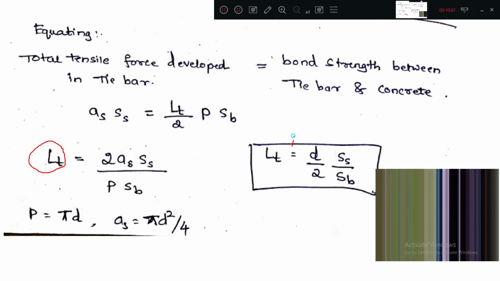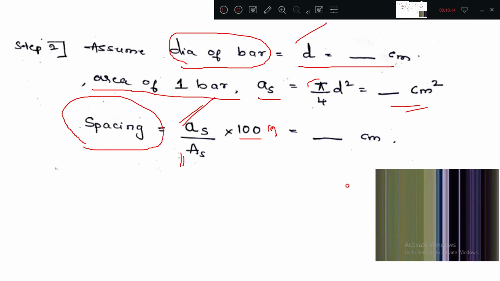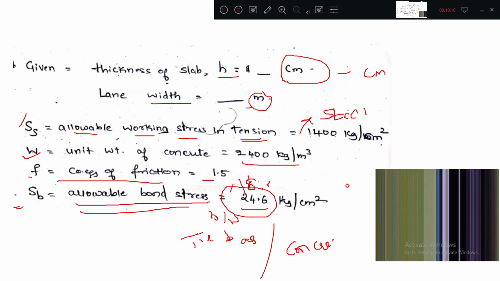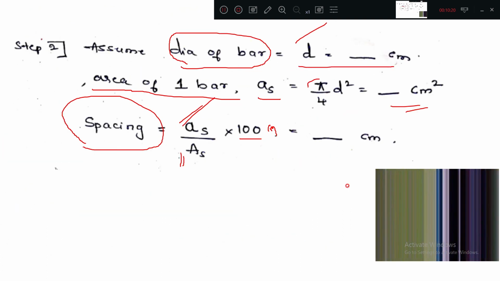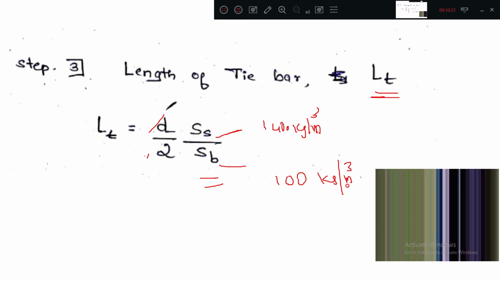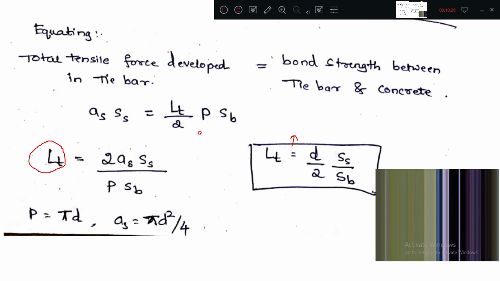This is the equation for AS. Now to get the LT expression: we know that I have written LT directly as D by 2 SS by SB in the previous step. How did we get this?